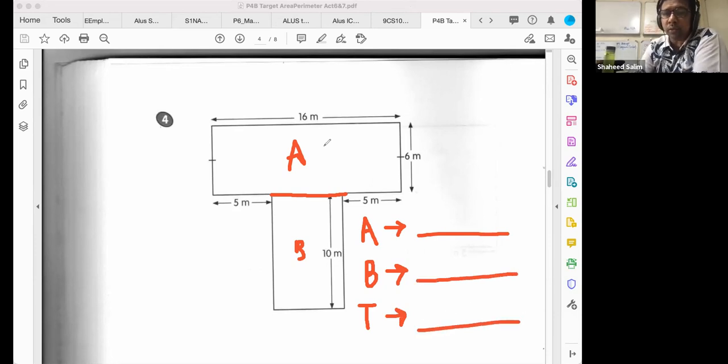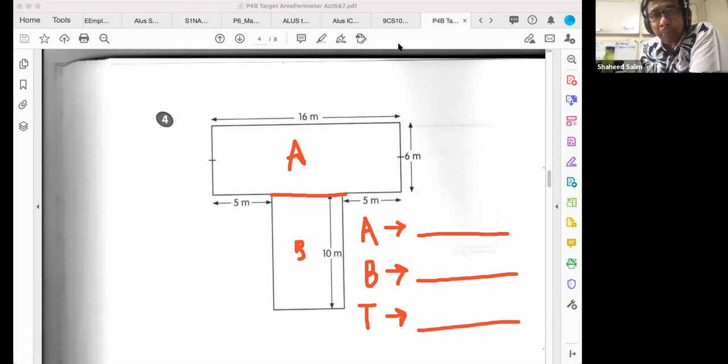Amara, you know how to find A? Take length times breadth. What is length? Length is the longer part. What is breadth? This is breadth. In the US, they do not call it breadth. What do they call it? Width.